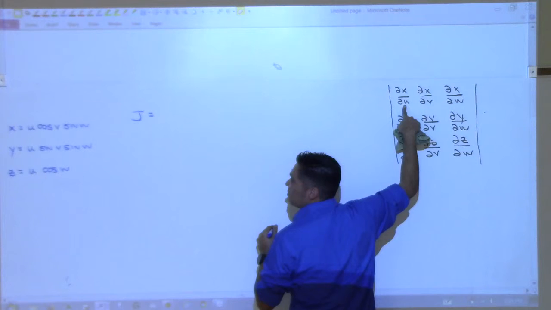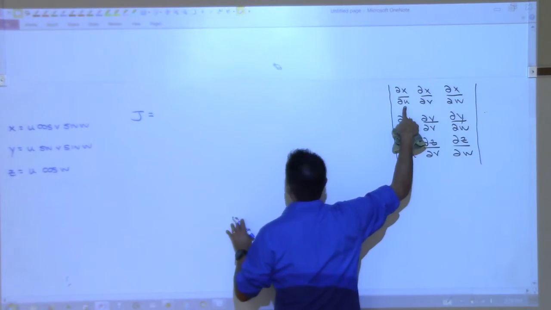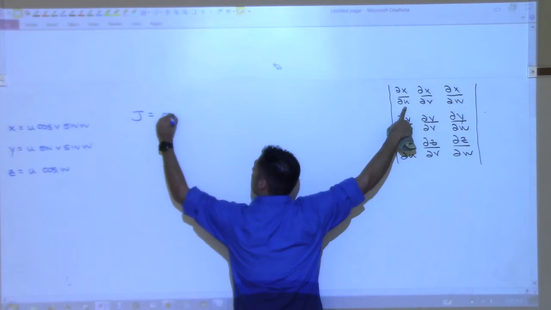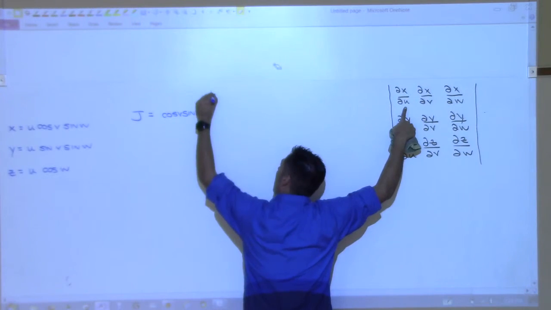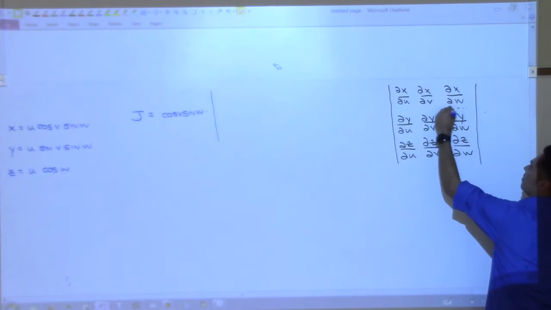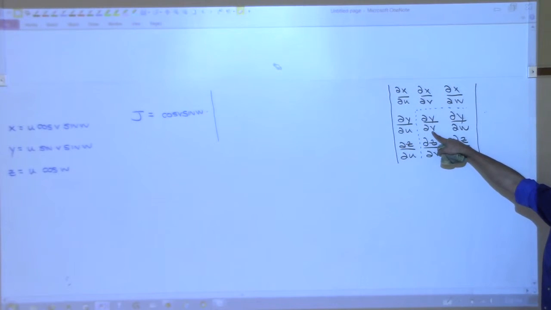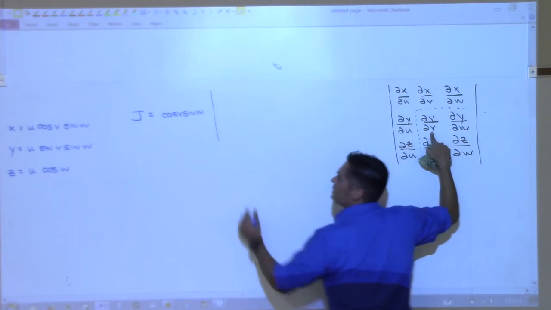What's the partial of x with respect to u? It's cosine v sine w. Times, now what goes in here? Let's just isolate this real quick. Partial of y with respect to v.